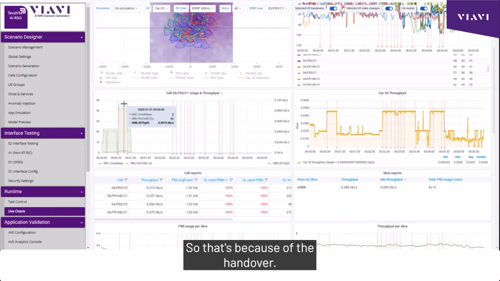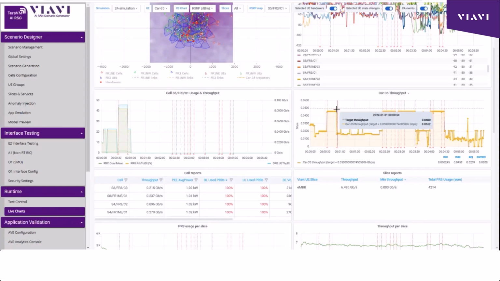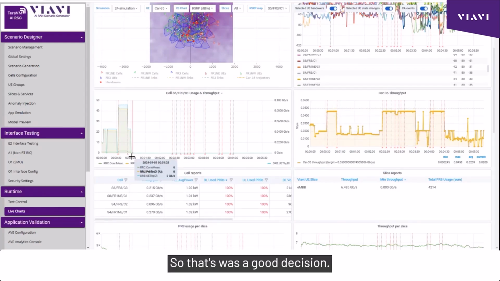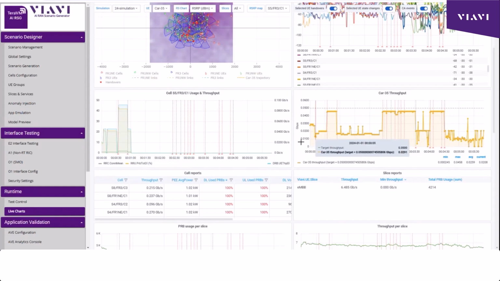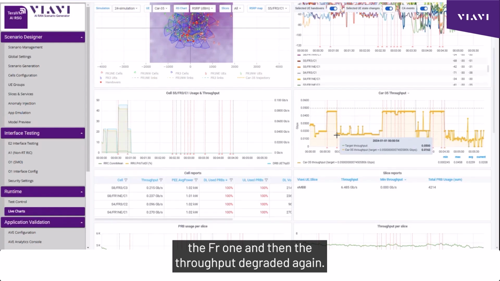That's because of the handover. And look, the experience of the UE is almost reaching the demanded throughput. So it's really, really good. That was a good decision. But unfortunately, after 30 seconds, we hand over back to the FR1 and then the throughput degraded again.